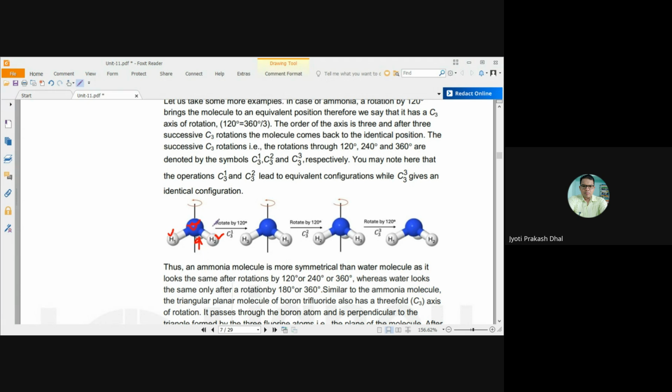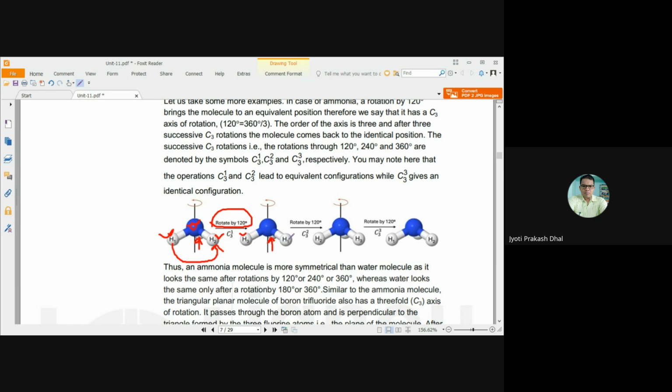Now if you rotate the molecule by 120 degrees, what will happen? The second hydrogen atom, H2, will go to the third position, and the third hydrogen atom, which was at the back side, will move to the H1 position, and the first hydrogen atom will move to the H2 position.